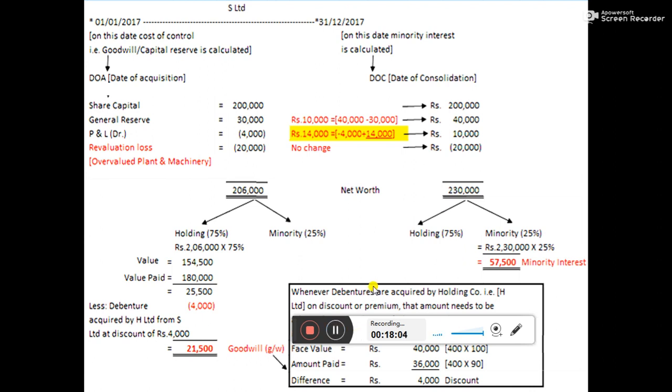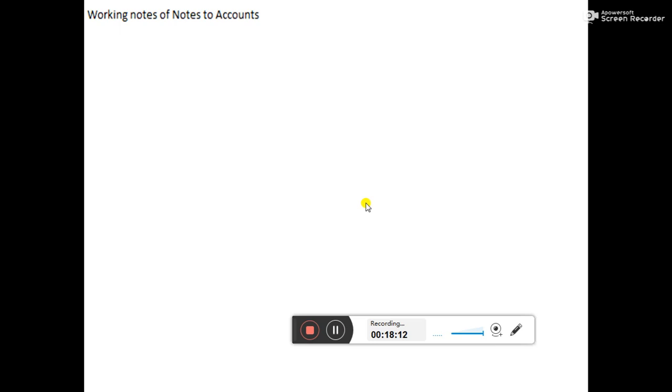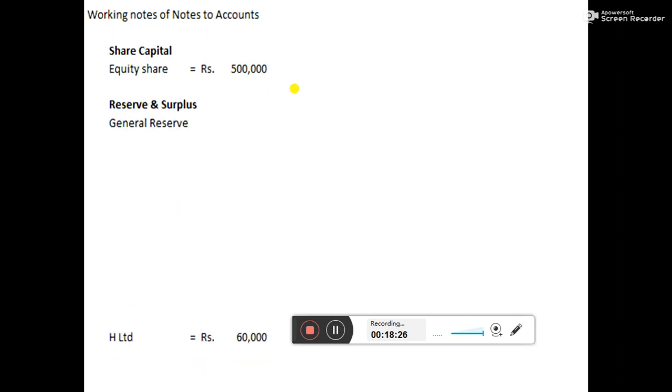So with this proper diagrammatic explanation, now we will move to the working notes which are required for notes to accounts. First one is share capital. Share capital, equity share is given as rupees 5,000. We are only taking the equity share of the holding company. Reserves and surplus, general reserve of H Limited is 60,000.